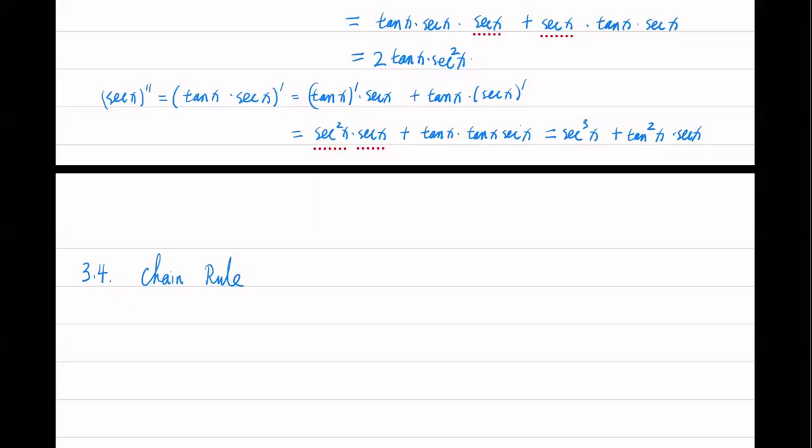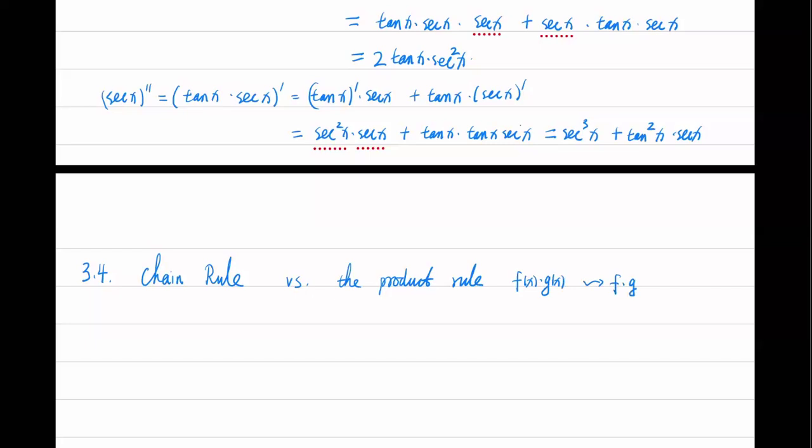Very important rule. Previously, the product rule was about the product of two functions. So this is about the product, and we use a short notation, fg.